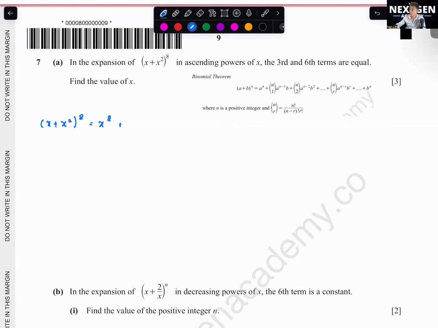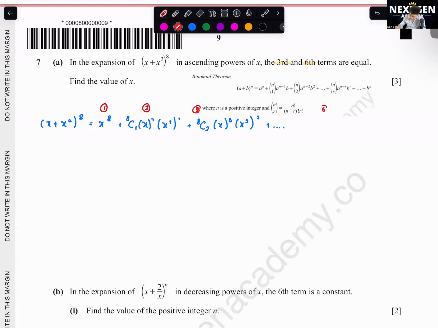Then we get 8C1, x to the power of 7, x squared to the power of 1. Then 8C2, x to the power of 6, x squared to the power of 2, and so forth. I'm not going to write it all out because we only want the third and sixth terms. Do know that your first term starts from nC0, the second term is 8C1, the third term is 8C2.